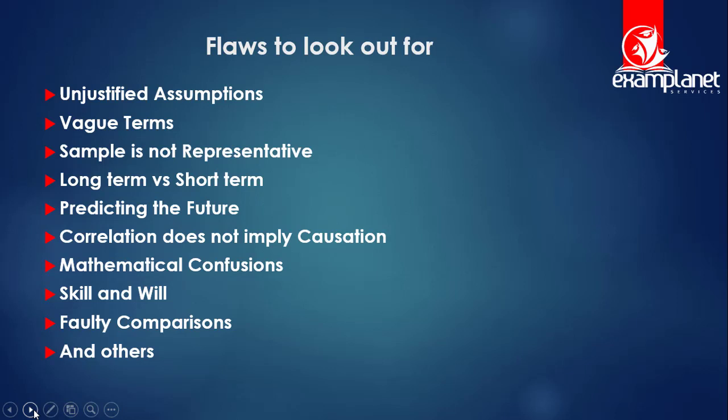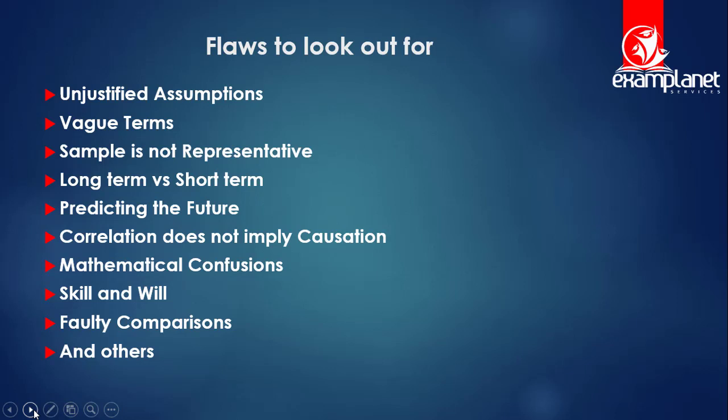Now, correlation does not imply causation is a special type of flaw because it involves two events happening at the same time. A change in one will not necessarily lead to a change in the other. So if, for example, two people are running their businesses and one of them goes into advertising and the other doesn't, maybe the one that goes into advertising now begins to get more customers and the other one loses customers.